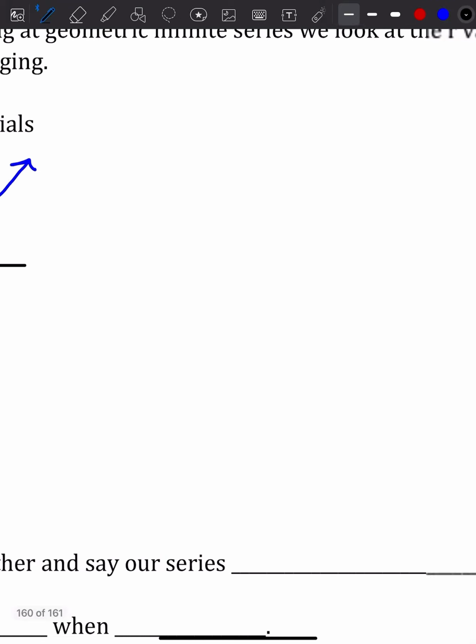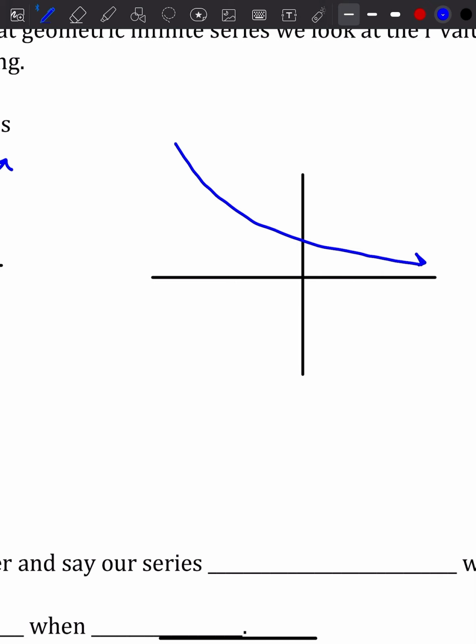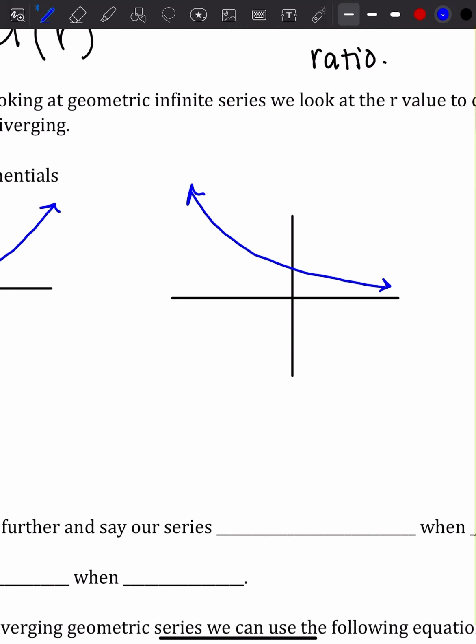The second type happens when R is between 0 and 1. We'll talk about negative numbers later. When it's between 0 and 1, we get something that looks like this.